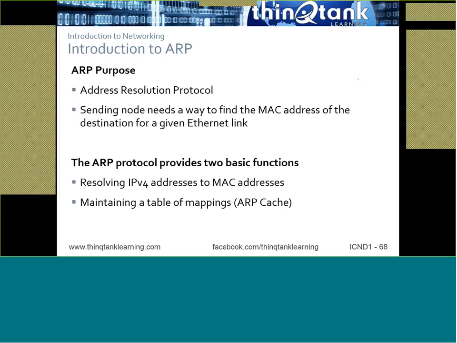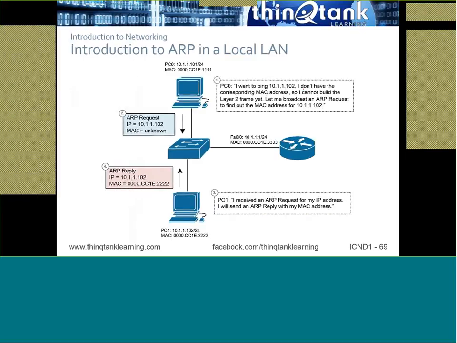All right? But there are two things that can happen. If the destination host that I'm communicating to is in the same subnet, then the ARP request will simply go to that host, and I will try to learn the MAC address of that particular device.